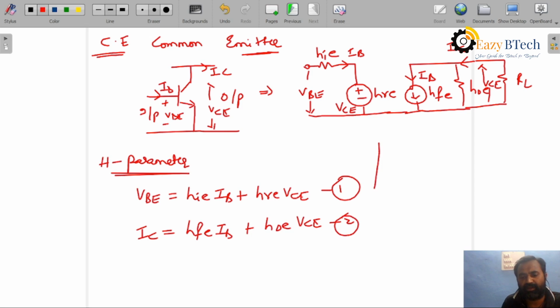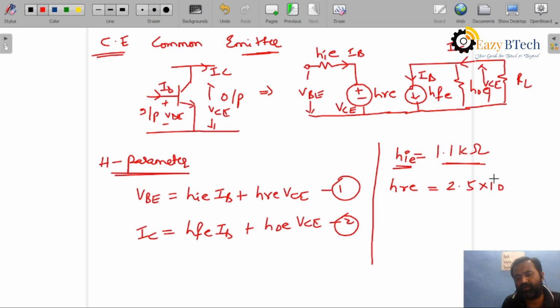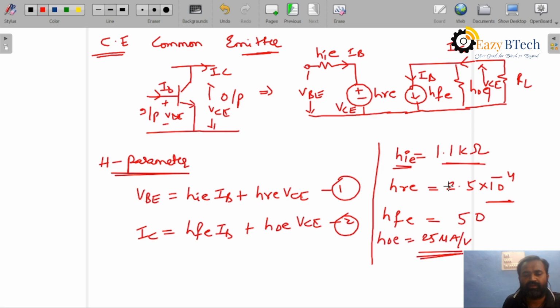For common emitter, remember approximate values. HIE value is 1.1 kilo ohm. Next, HRE value is 2.5 into 10 power minus 4. Next, HFE value will be 50, and H0E value is 25 microampere per volt. These are the values for a common emitter configuration.